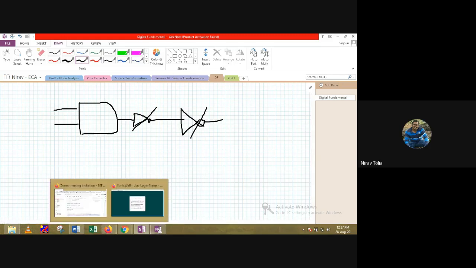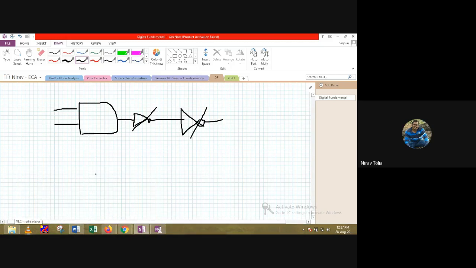Why is it so? If you have one NOT gate, and now I am connecting another NOT gate.